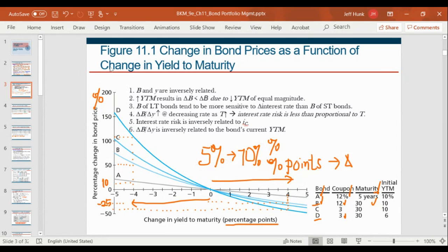The change is 5%, right? Change is 5%. But in percent, the change is 100%. Isn't that right?